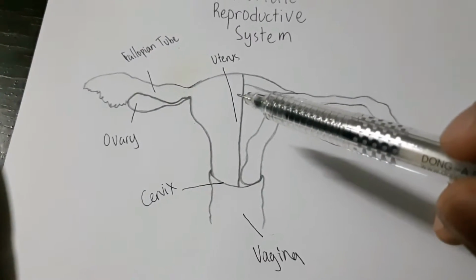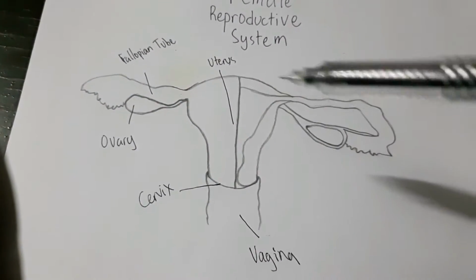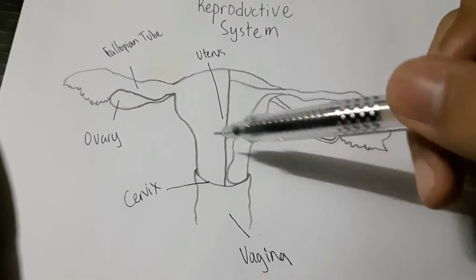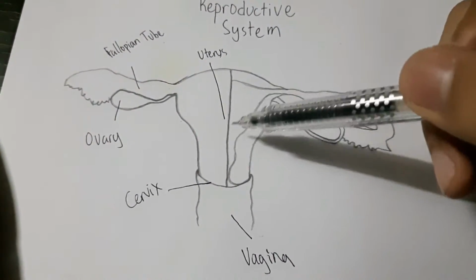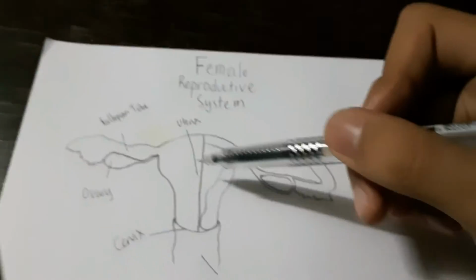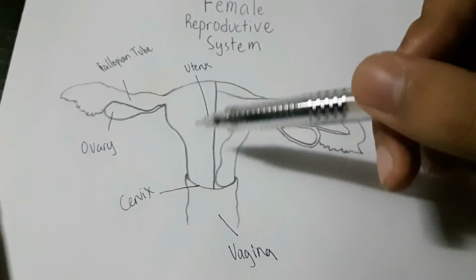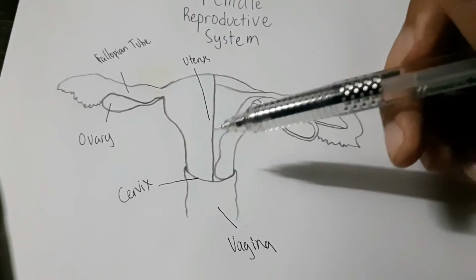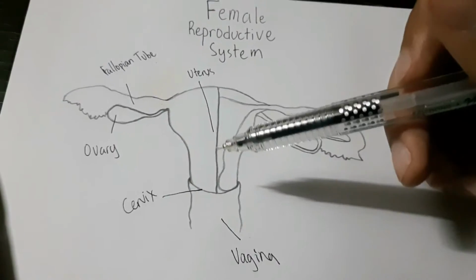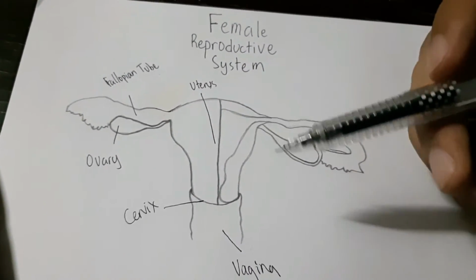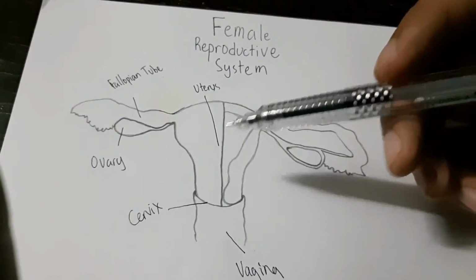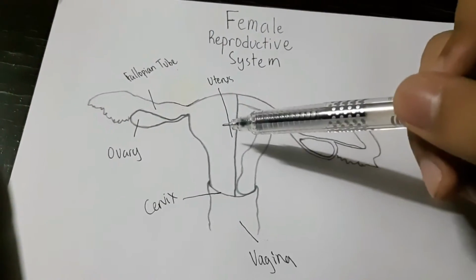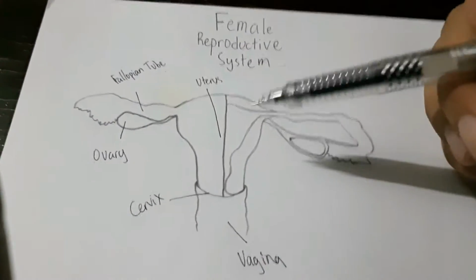Yung uterus is dito yung embryo nagde-develop. Yung embryo is parang early stages ng pag-fertilize ng baby.